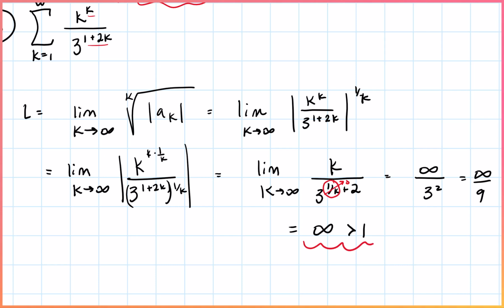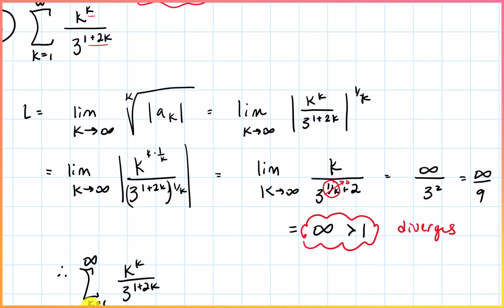So remember, what that tells us with the ratio or the root test is that we have divergence. Therefore, the series that we're looking at, k equals 1 to infinity of k to the k over 3 to the 1 plus 2k diverges, and in this case we were using a root test.